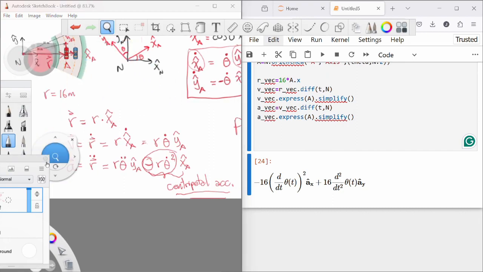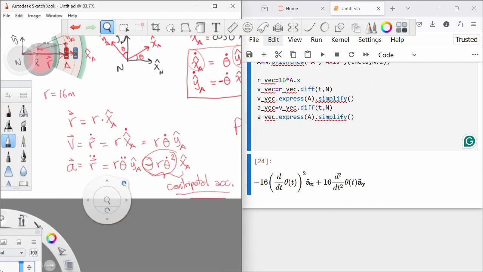Let me clear out some of these lines. We have two terms.